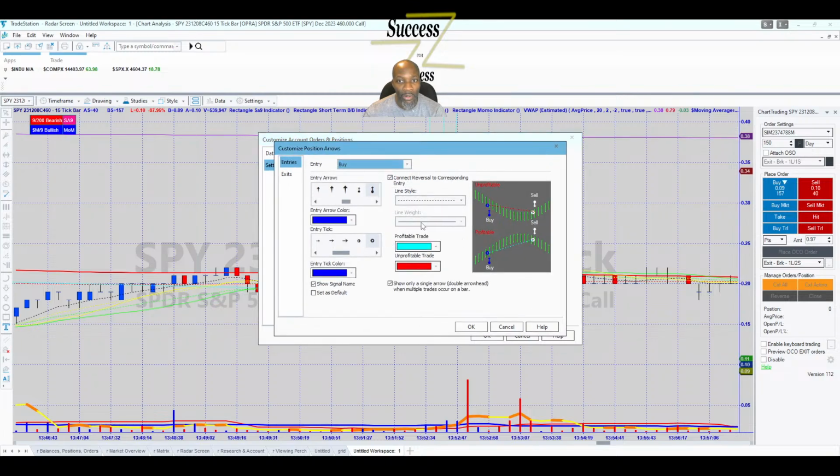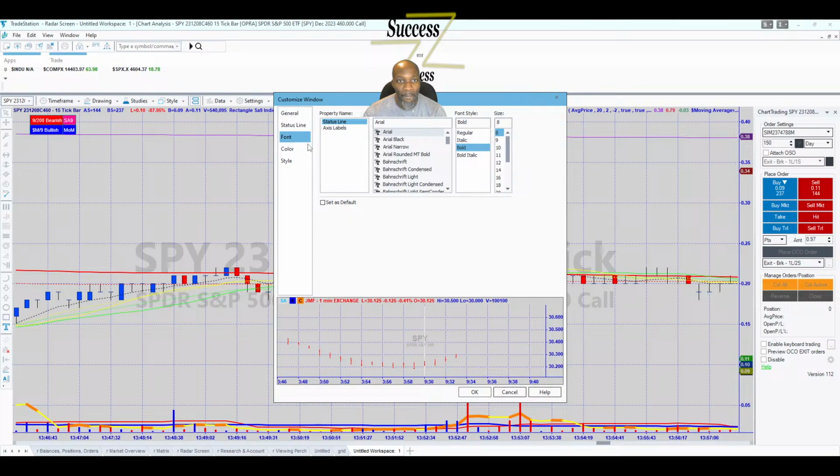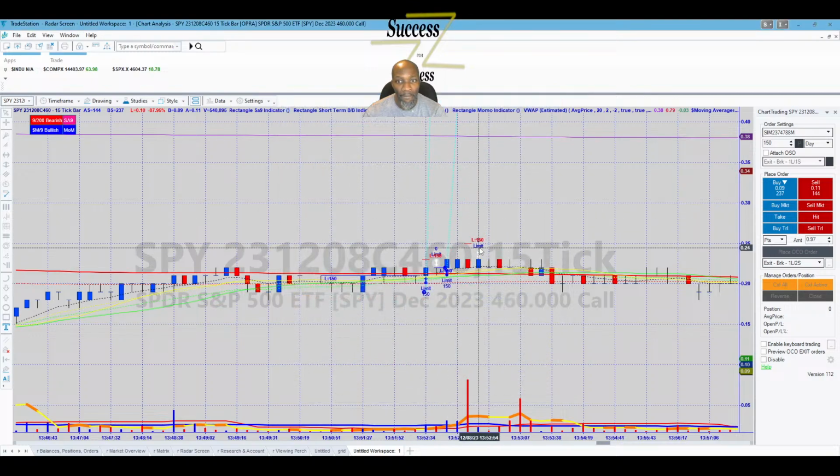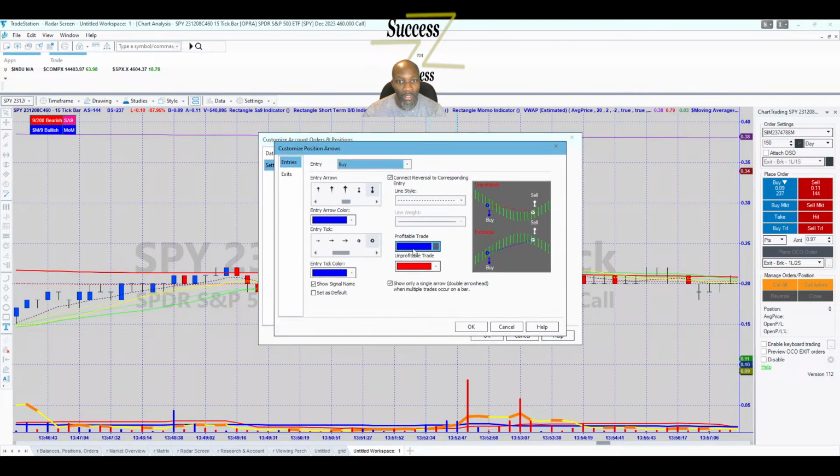I don't remember which one it is. Maybe it's this one. Make that dark blue. Nope. I feel like that was it though. Position arrows, a profitable trade, showing a single trade. Yeah, I think that's the one.